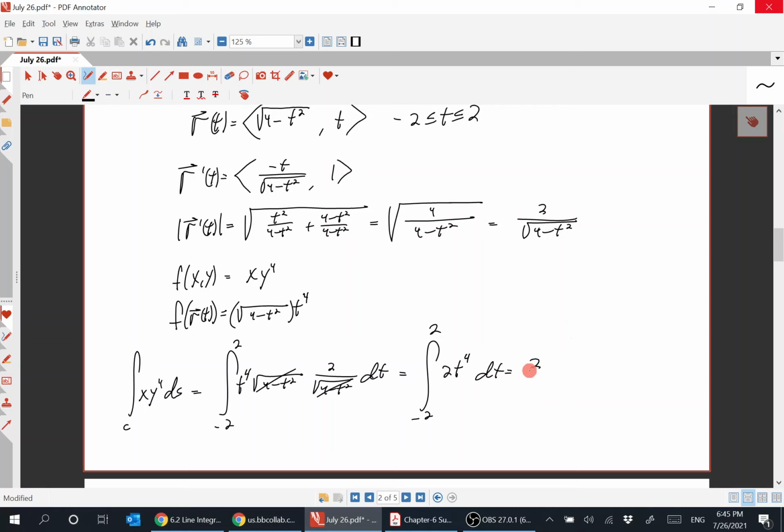So that's going to be equal to 2/5 t to the fifth from minus 2 to 2. So that's 2/5 times 32 minus minus 32, which is 64 times 2/5, 128 over 5. Okay, so the parameterization doesn't matter. As long as you pick one that accurately represents the curve, you're fine.